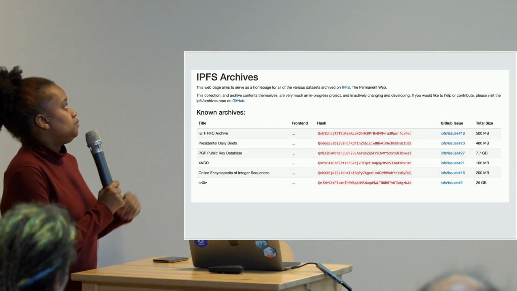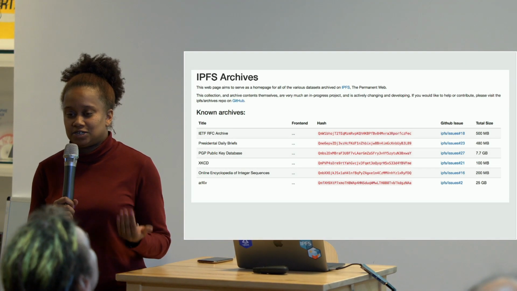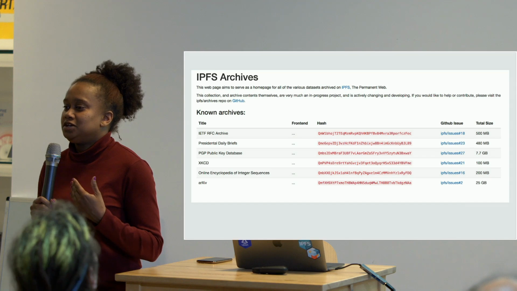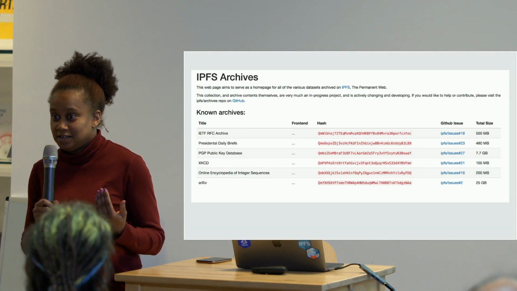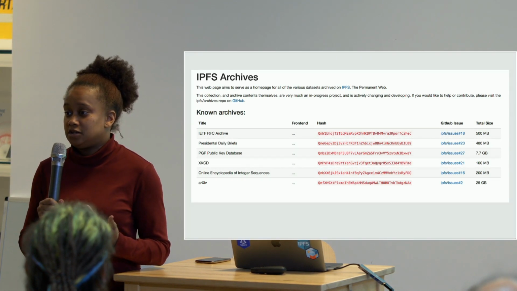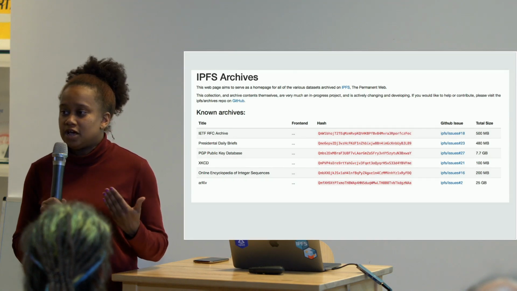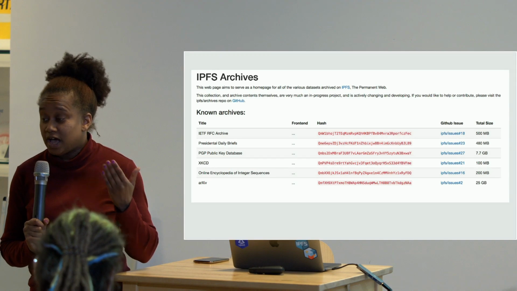Why is this important? This is important because if you live in a place like Turkey, or if you live in a place like China, or who knows, even the United States, and we don't know it yet, content can be blocked. Not only do technologists gravitate towards IPFS, but you also have journalists.